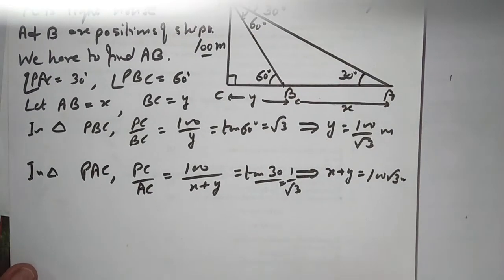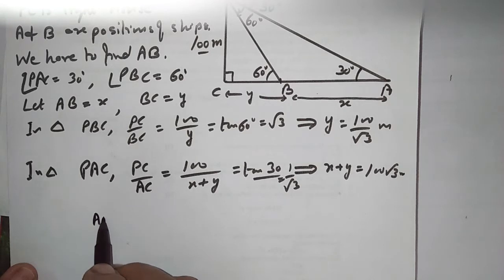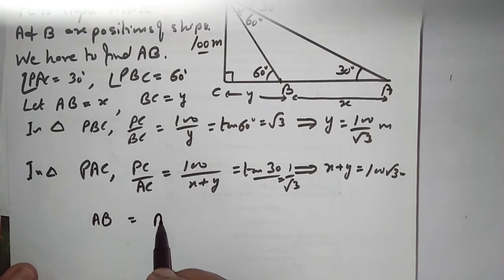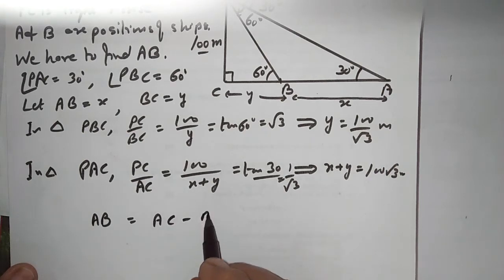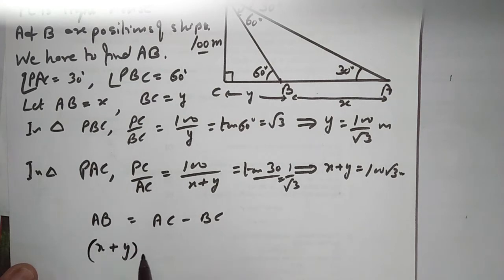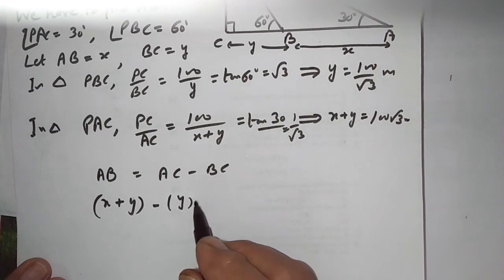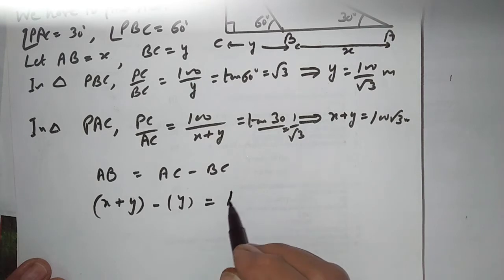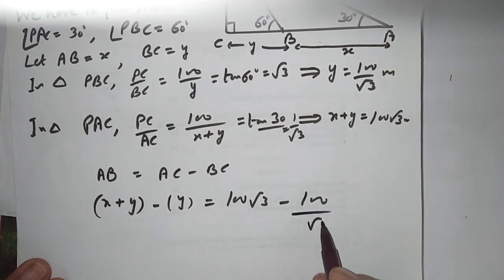Now we want to find AB. AB will be AC minus BC, which is X plus Y minus Y, which is equal to 100 √3 minus 100 upon √3.